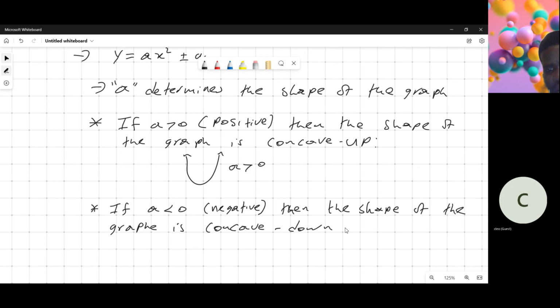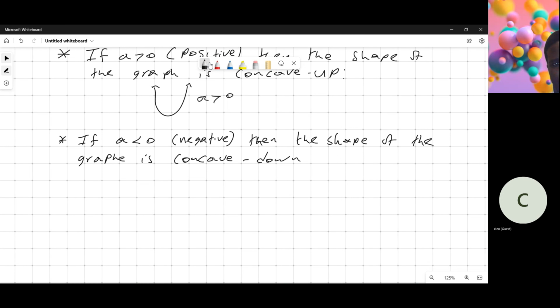What are we saying by this? Let's show you. If a is negative, the shape of the graph will be concave down.